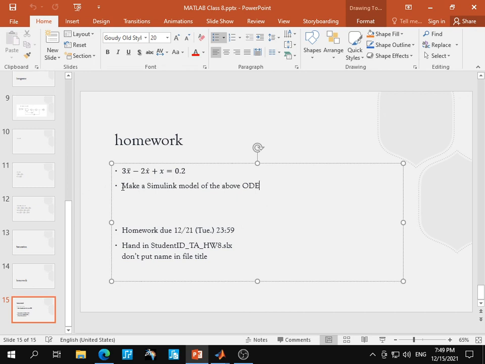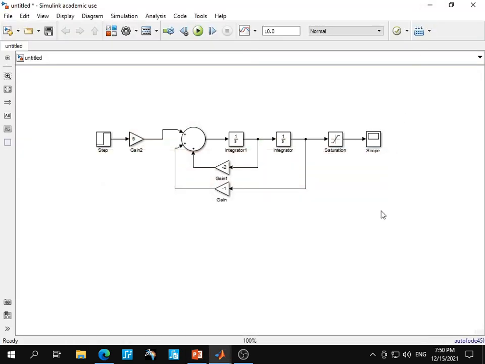And I want you to make a Simulink model of it. Homework is due next Tuesday, 11:59 p.m. And I want something like this. It's actually just a change of a number, if you know how to do it.